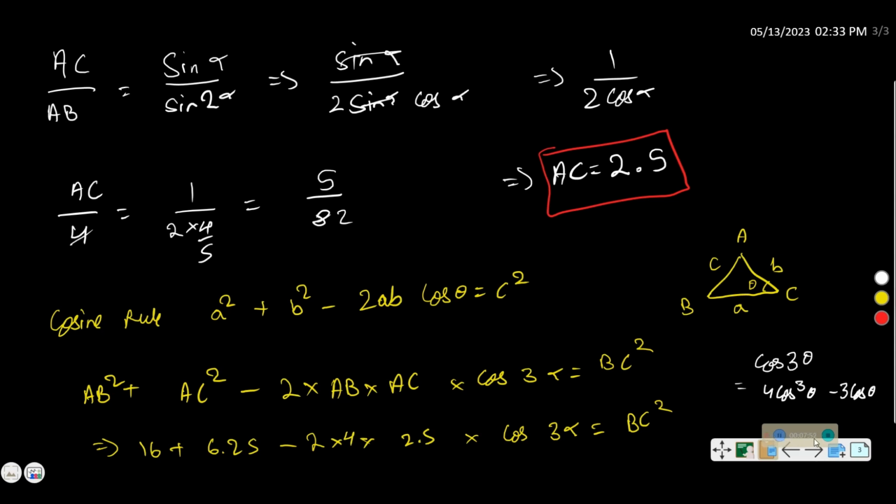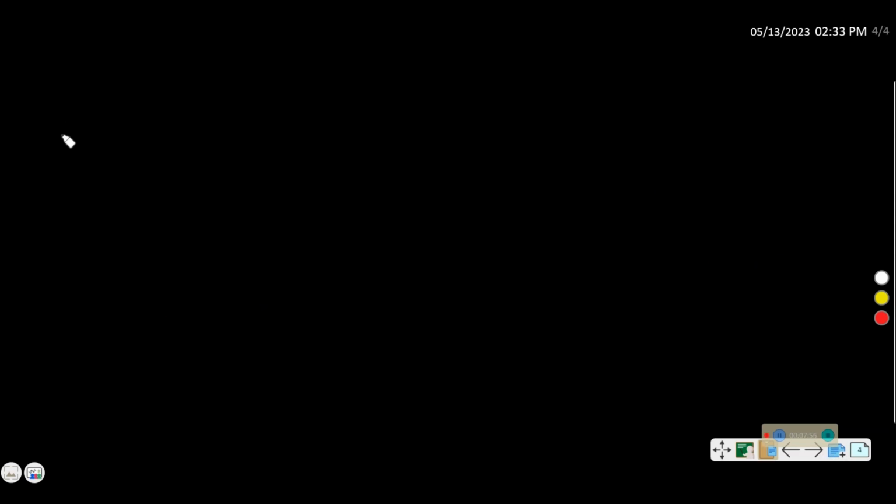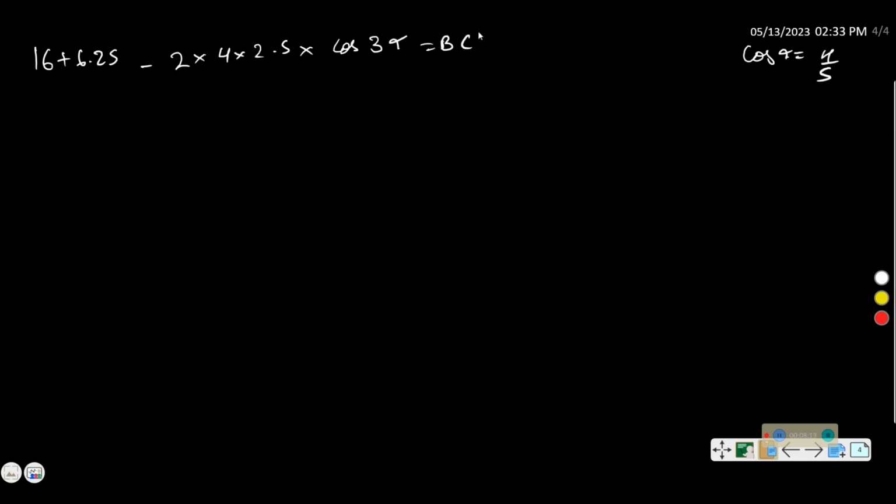So applying it, let's move on to the next page first. Let's write down that cos alpha equals 4 by 5, because we would need that further, right? Now this can be written as 22.25 minus 2 times 10 times cos 3 alpha.